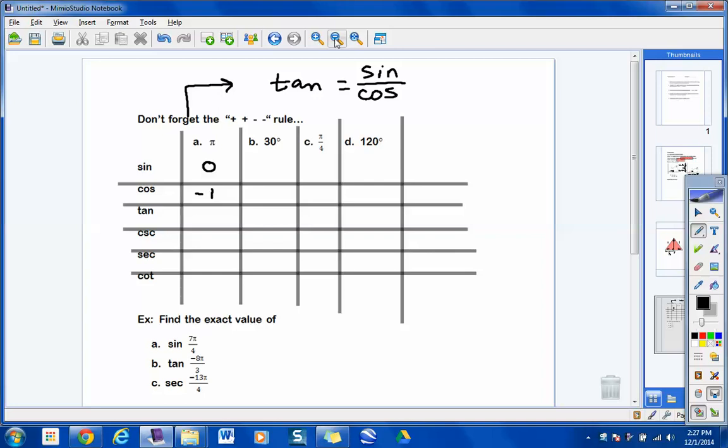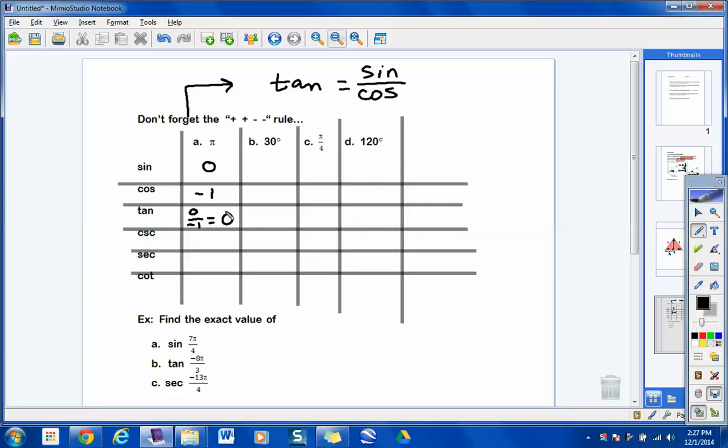Sine divided by cosine, right? So 0 divided by -1. Wouldn't this just be 0 divided by -1, which is equal to what value? 0. Yep, tangent of pi is 0.